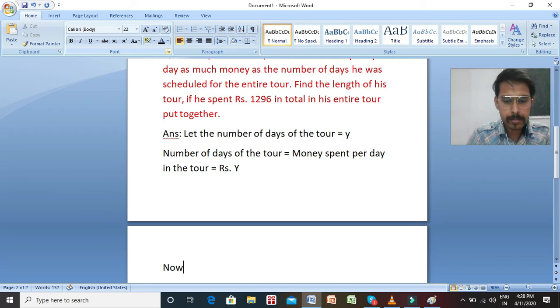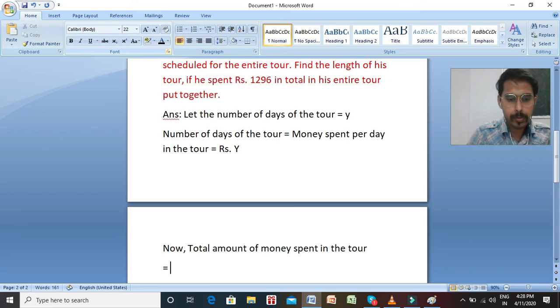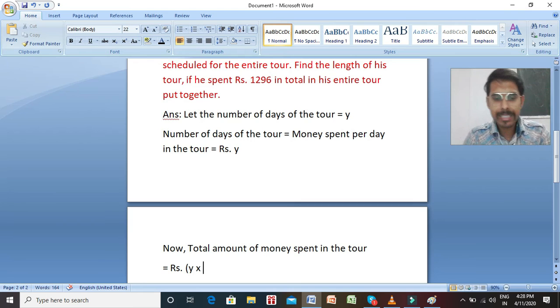Now what we can do is, we need to find the total amount of money. So the total amount of money spent in the tour is equal to rupees... how can we take it? Now see, rupees y is the amount of money per day, and y is the total number of days.